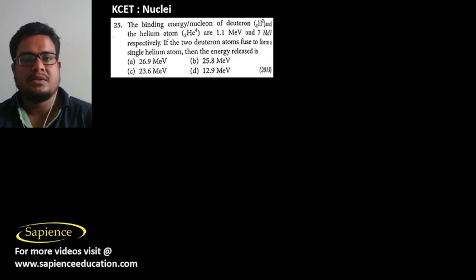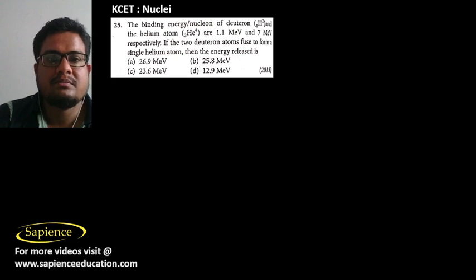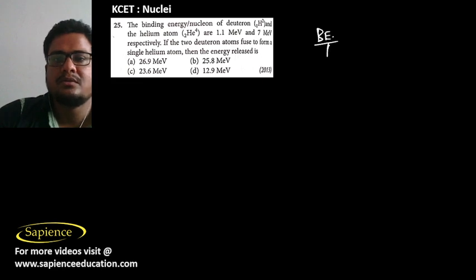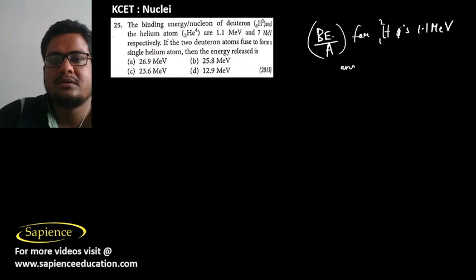Question number 25: the binding energy per nucleon of deuteron, H 1 2, is 1.1 mega electron volt, and for helium 2 4 is 7 mega electron volt.